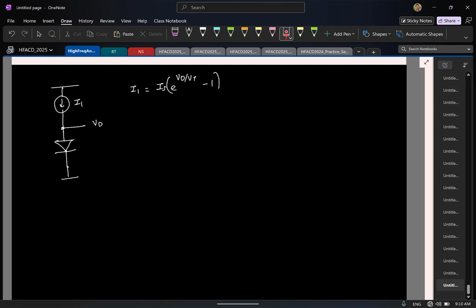Yeah, because for 0 voltage the current should be 0, so you need to have minus 1. So which means what is the diode voltage in terms of the current? From this, can you tell me what it is? VT ln of 1 plus I1 by Is. Is that okay? And this we can further approximate for all practical purposes as VT ln I1 by Is.